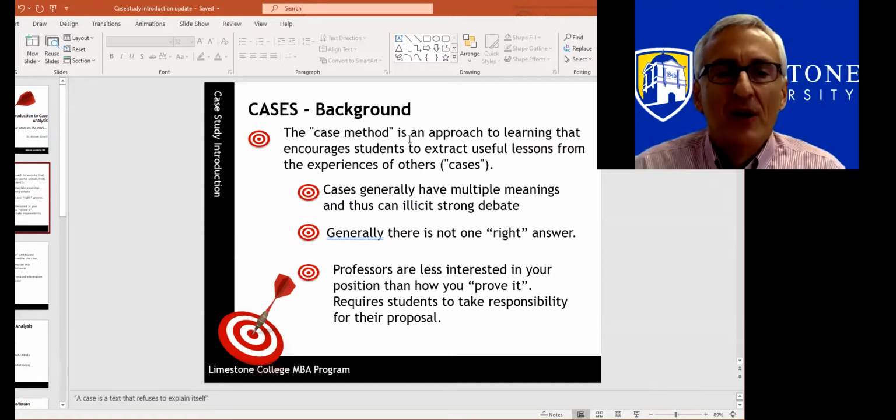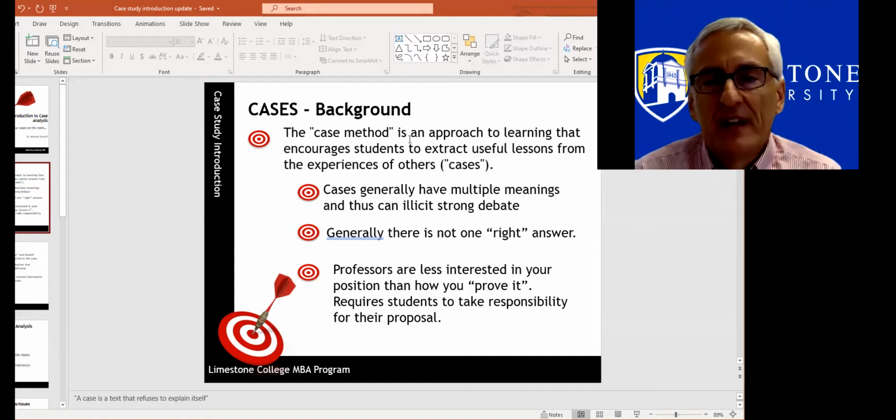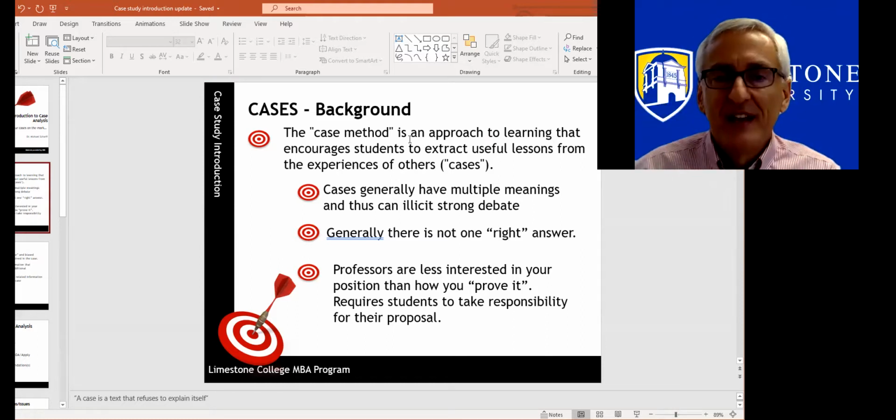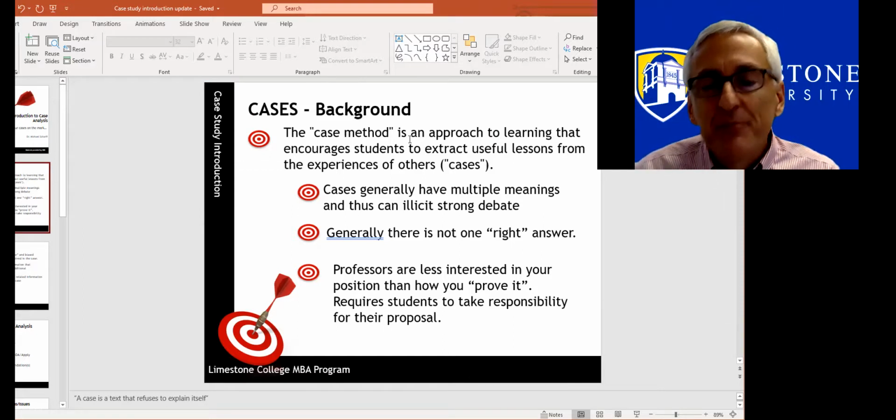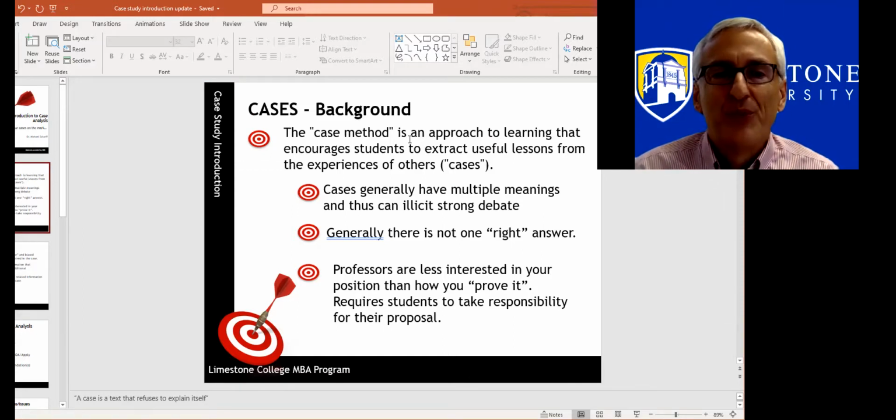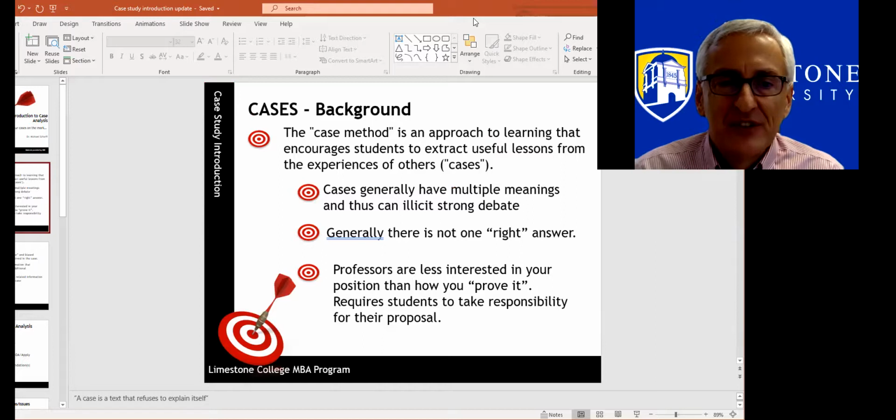But one of the general things about a case study is that usually there is not one right answer. Just like in any business, business would be so easy if there was one right answer for every issue. Unfortunately, that isn't the case. There are many good answers and many bad answers.